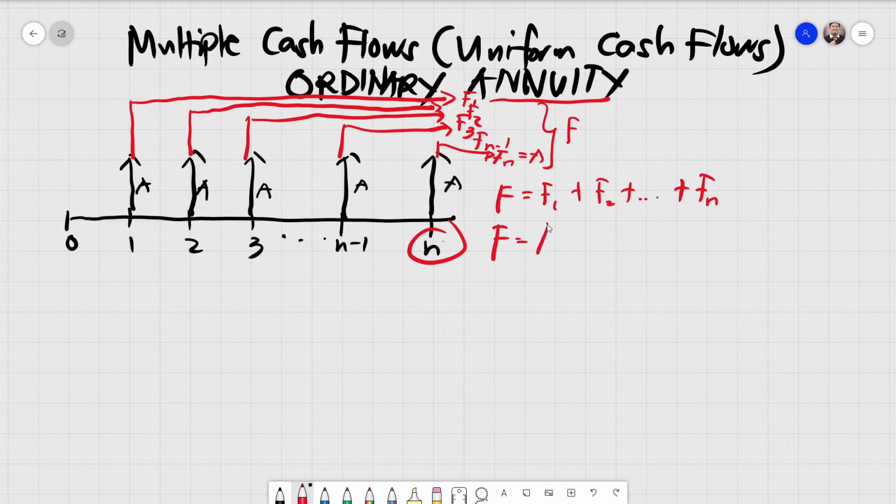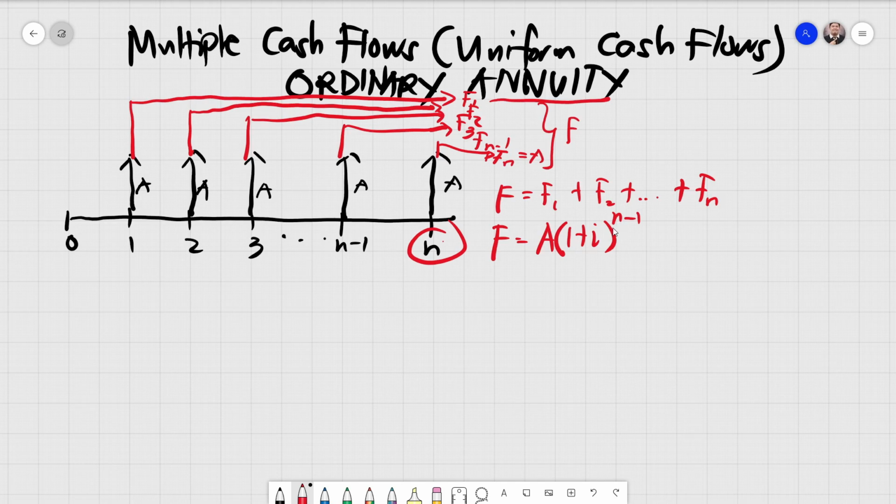So, we can have F sub 1, yung galing sa time period 1, is just basically yung cash flow na A ay idadala natin sa future na merong n-1 time periods in between. So, from 1 to n, meron siyang n-1.